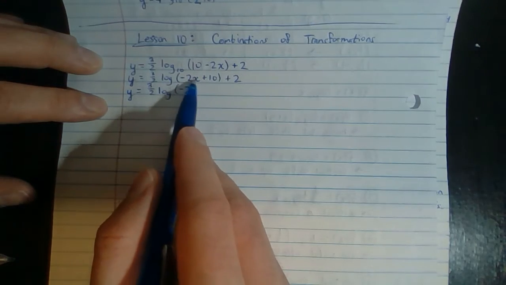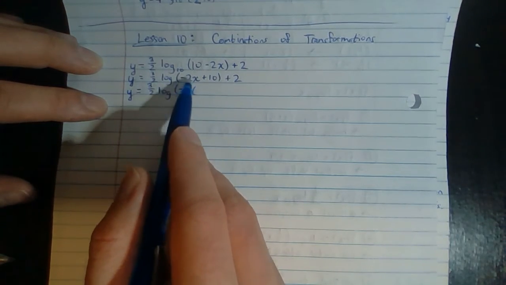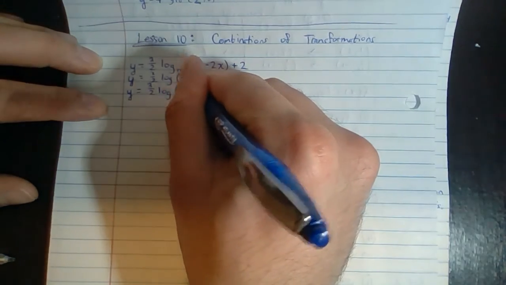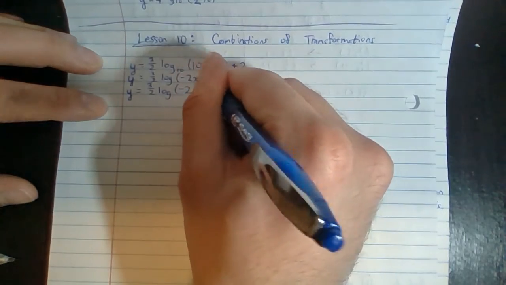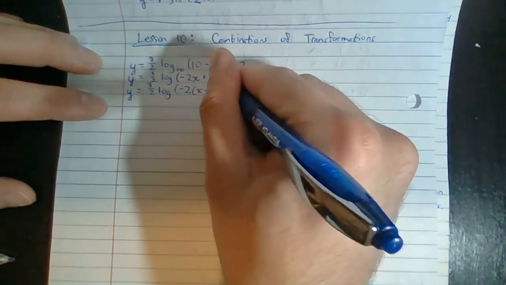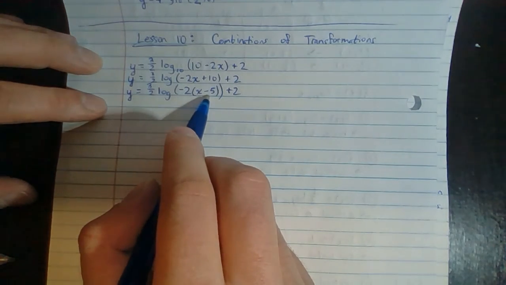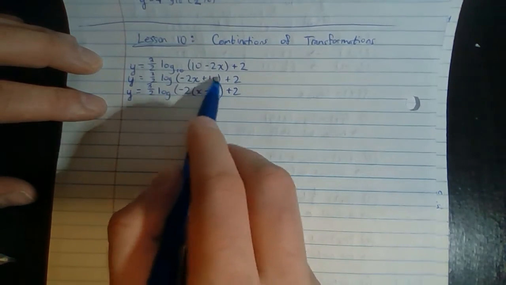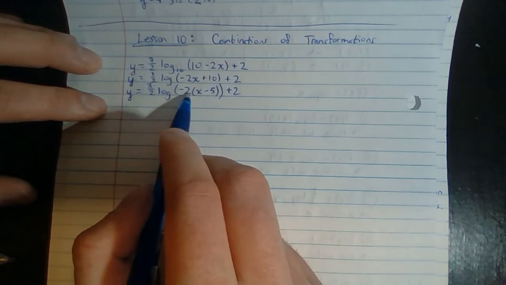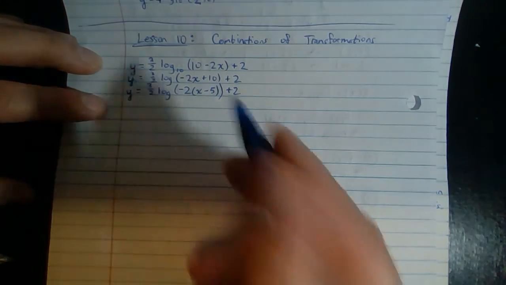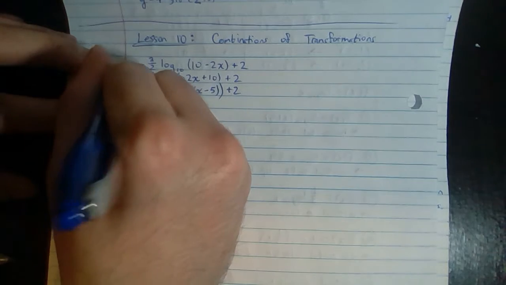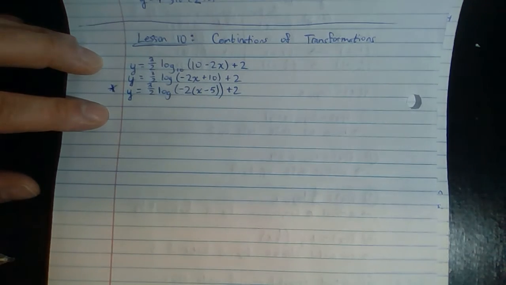So if we don't just have a single x there, we need to factor out whatever is in front. So we're going to factor out a negative 2, and it's going to leave us with x minus 5. That is how we know what horizontal shift we're going to have. This plus 10 means nothing until we factor out that negative 2. So very important that we do that factoring.